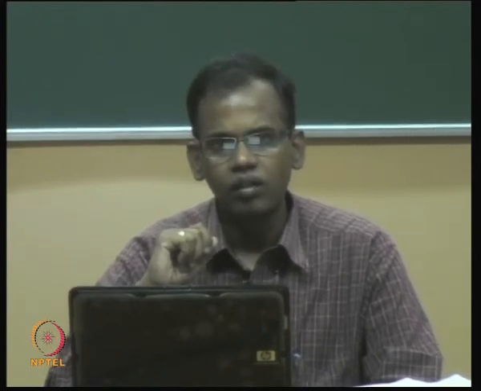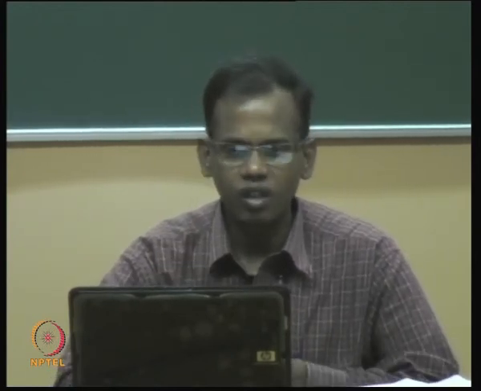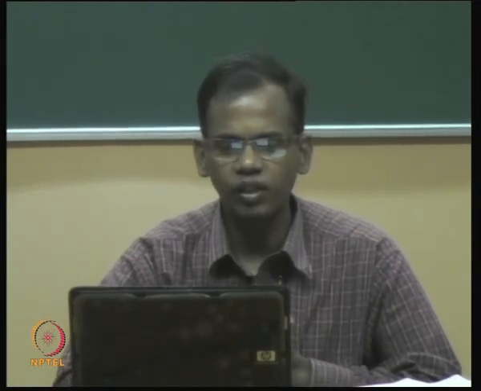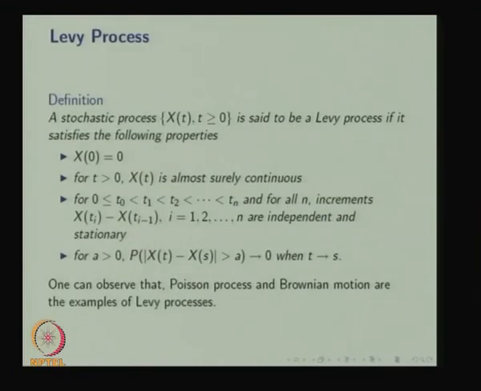Hence, the properties we discussed for the sample paths of the Poisson process and of the Brownian motion are both satisfied by saying X(t) is almost surely continuous. The first property is used in both the Poisson process and the Brownian motion, because if N(t) is a Poisson process, then N(0) = 0. If the Brownian motion is W(t), then W(0) = 0.